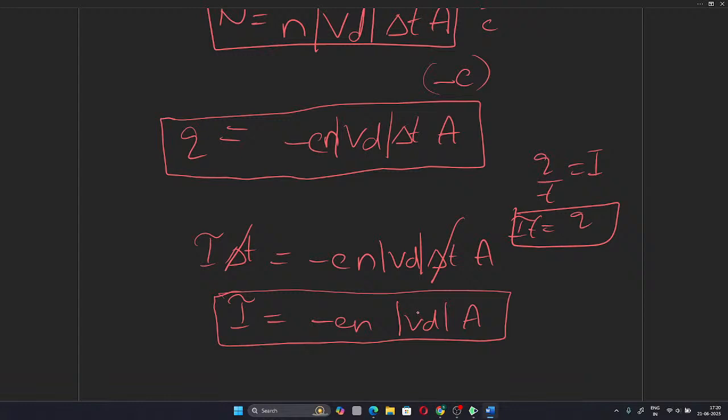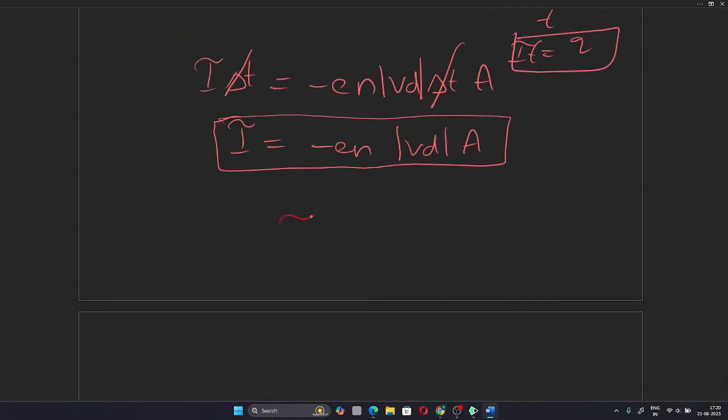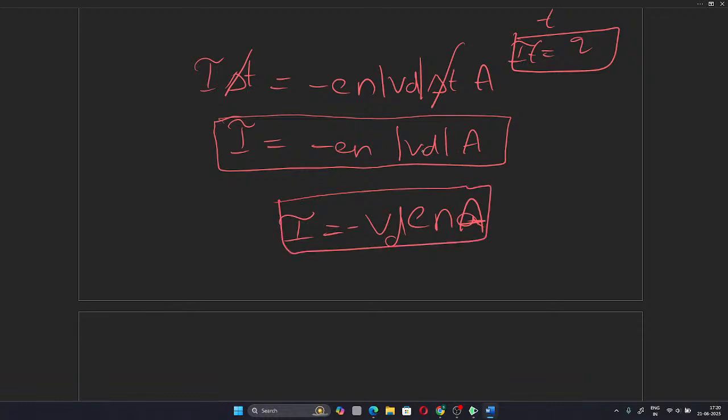which we can simply denote as I equals n e Vd A, and we can substitute the Vd value here.